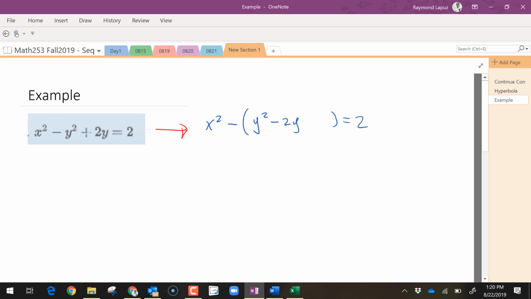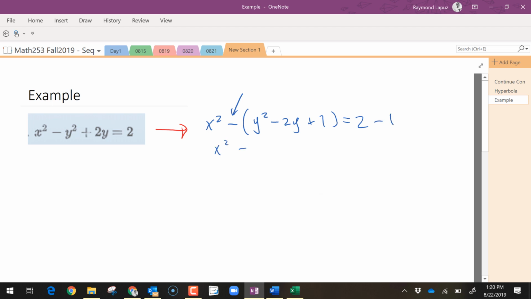Sometimes you add and subtract on the same side, but here we have an equation, so we can add on one side and add the same thing on the other side. Anyways, looks like 2 divided by 1 squared is 1. And then I'm adding a 1, but I'm actually adding a negative 1 because of the negative sign that we factored out. So that would be a minus 1.